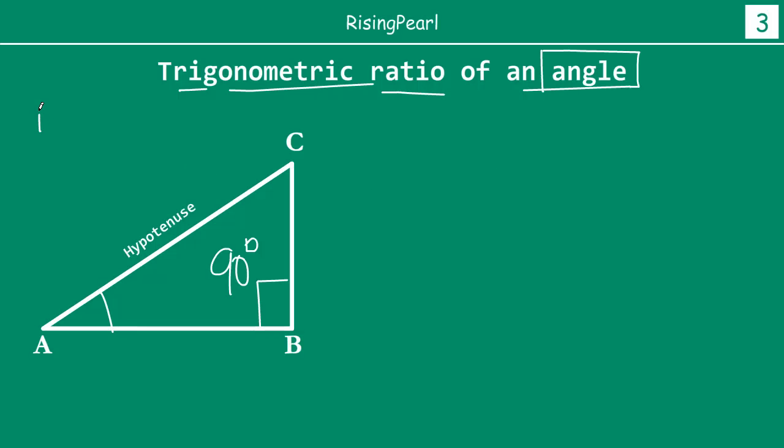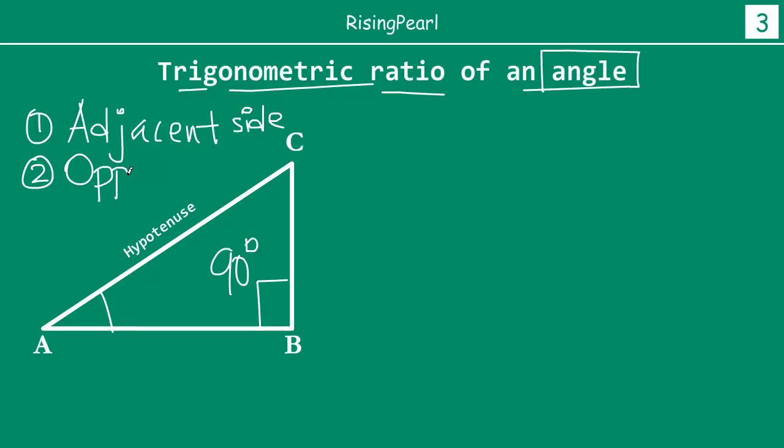So let's write it here. We want to find out the adjacent side to the angle, and we want to find out the opposite side to the angle. So how do we know which is what?